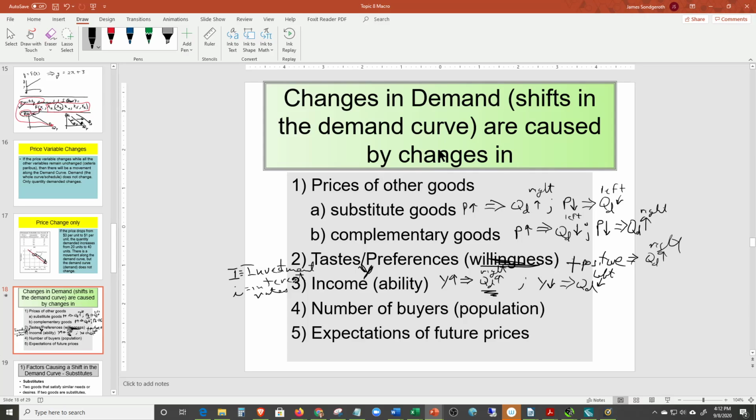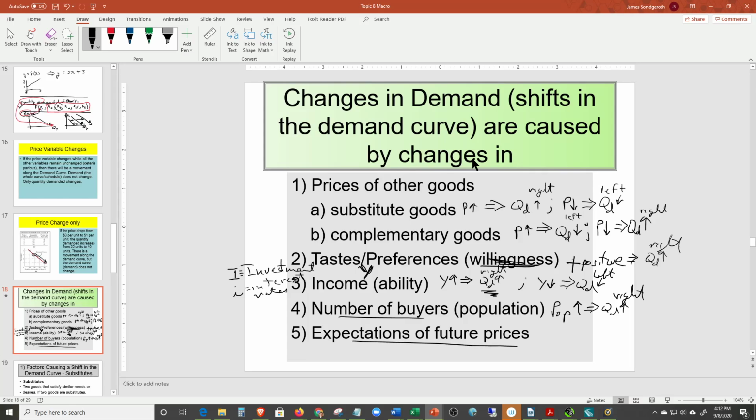Now we will talk about goods that aren't normal, like inferior goods. We get into this in much more detail in micro. And obviously the number of buyers, if population goes up, more people will be wanting and participating in the market. So quantity demanded increases. This would be a rightward shift, population down.